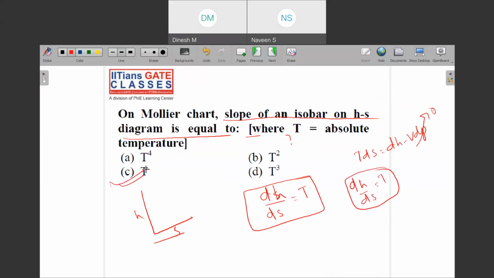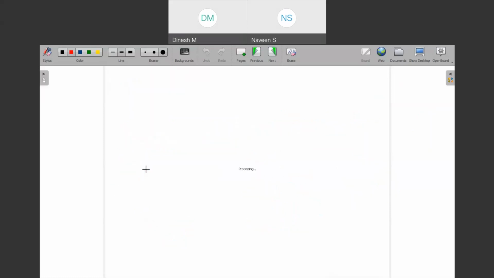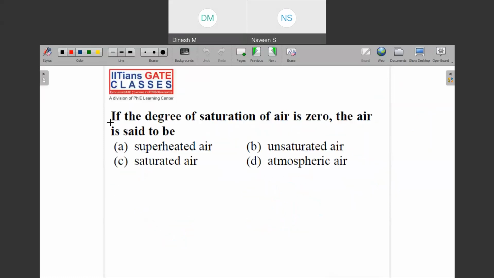Okay, this option. Next. If the degree of saturation of air is 0, the air is said to be what? Do you remember the degree of superheat or degree of subcooling? We took the temperature difference from the saturation temperature.